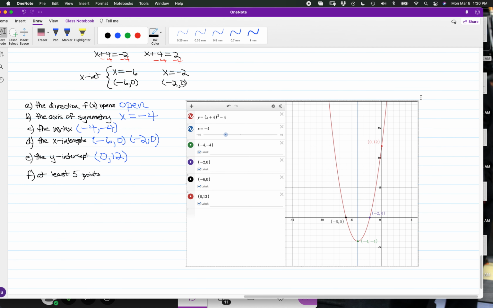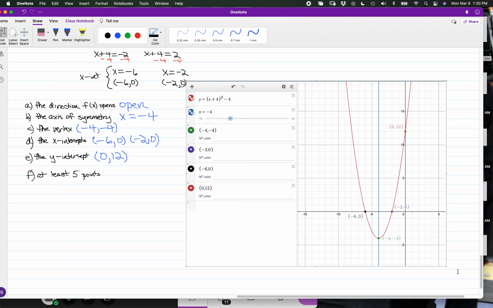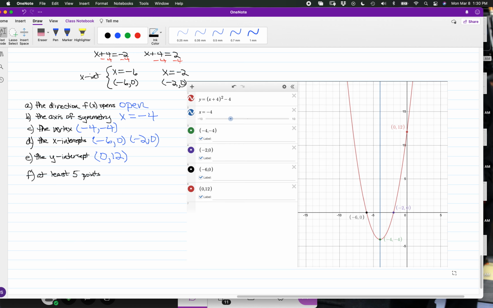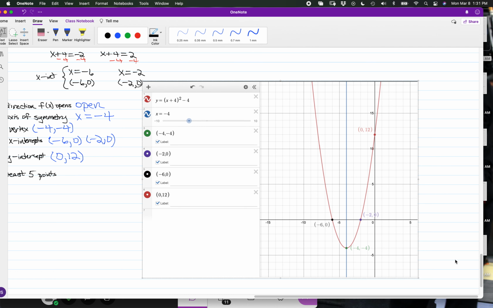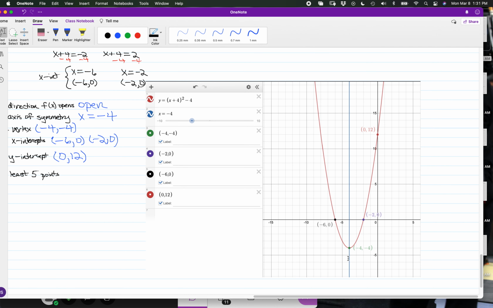I got the graph of f of x equal to the square of x plus 4 minus 4, and we got key points here. I got the vertex at negative 4, negative 4. The x-intercepts are at negative 6, 0 and negative 2, 0. And again, we have the y-intercept at 0, 12.